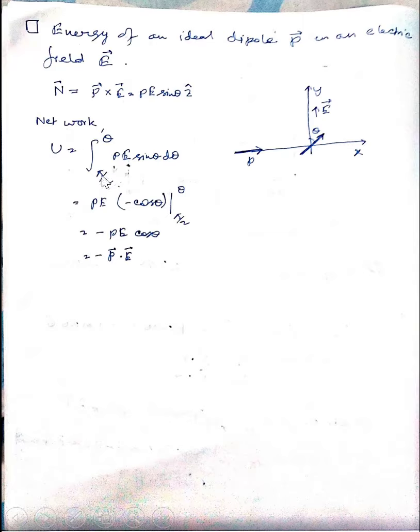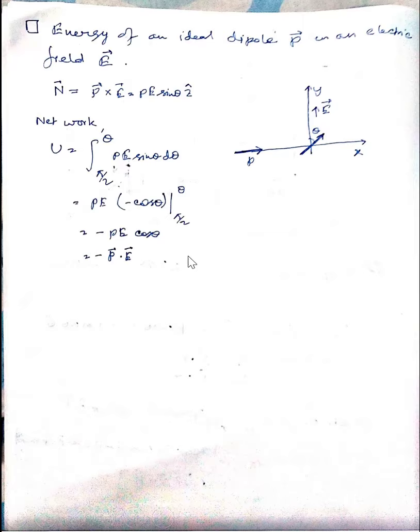And for the work done, if the final position is theta, it is obviously theta. If I perform the integration, you will see it like this: p cos theta. And if I write it in vector form, it is p dot E, right? So this is the energy.